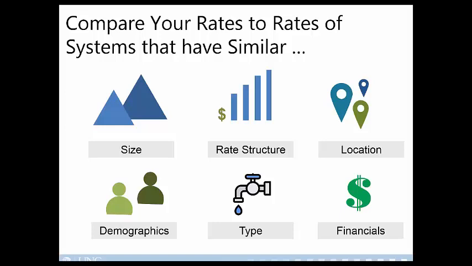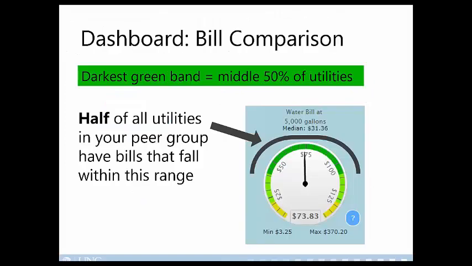So that could be your utility size, how many people you serve, the customer income level of the people you serve, the different water source types that you may have, your revenues that you generate, your location, the type of rate structure you have. We just break it up into a lot of different ways so that you can, again, find the other utilities that are in the same boat as you and compare yourself effectively.